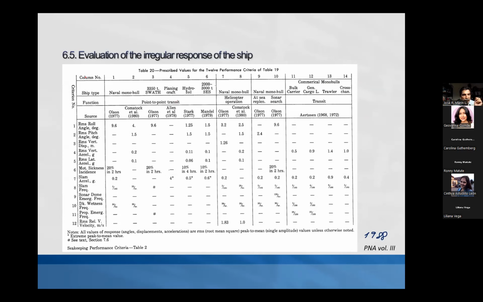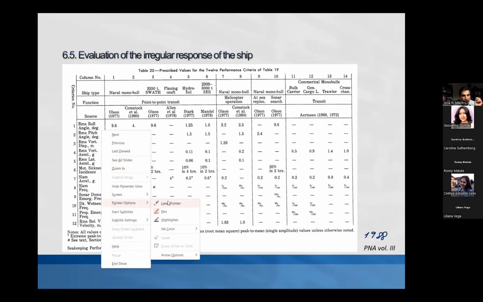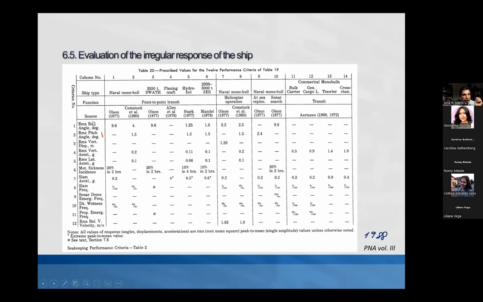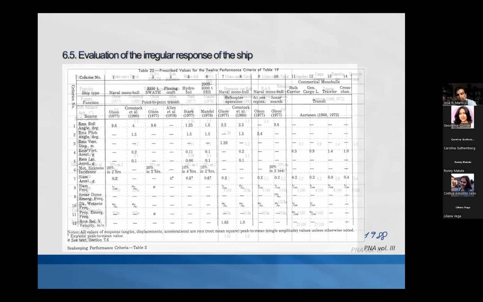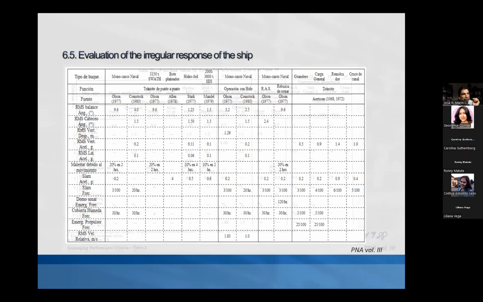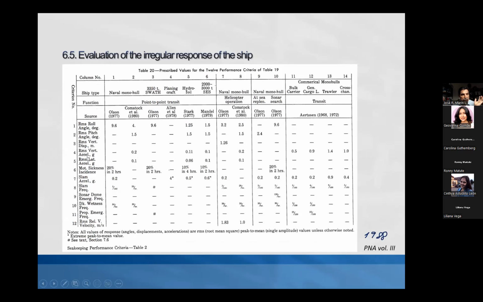And here, okay, you can see that if you can calculate the spectral density, then you can calculate the area. And from that, you get the square root, and you can calculate the RMS. You can use these values as reference. If your ship has an RMS very high, higher than this, that means that probably you need to do something in that respect.